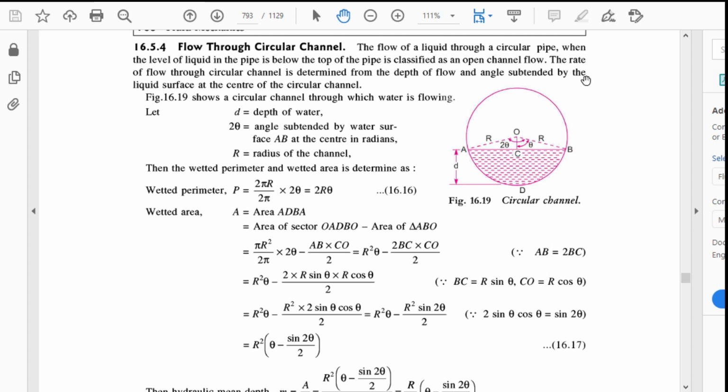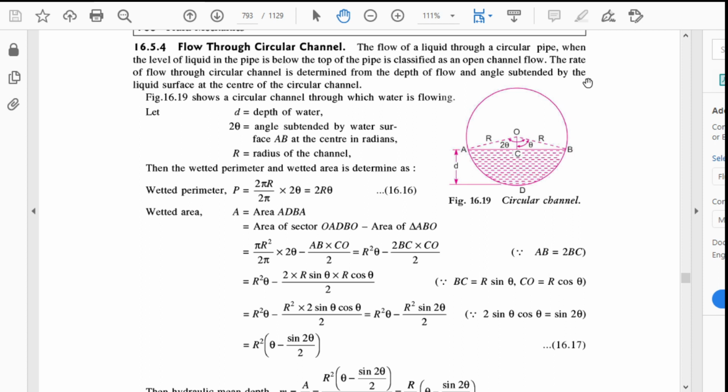The rate of flow through that circular channel is determined from the depth of the water and the angle subtended by the top of the water surface at the center of your circular channel.